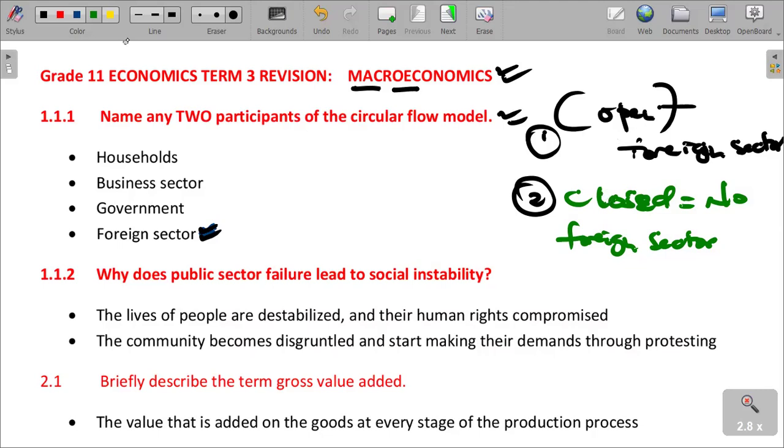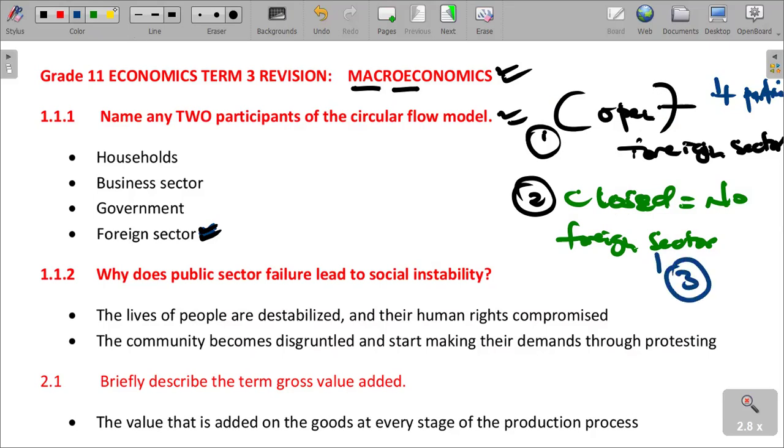models. One other thing that I want you to take note of is that an open circular flow model has four participants, and a closed one has three. I'm going to show you now.